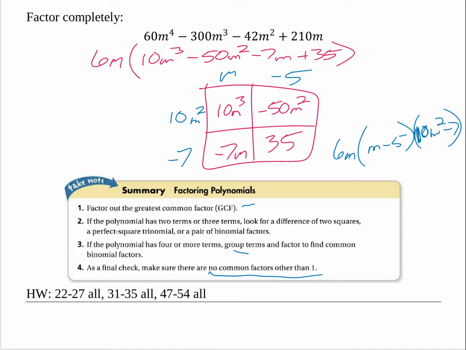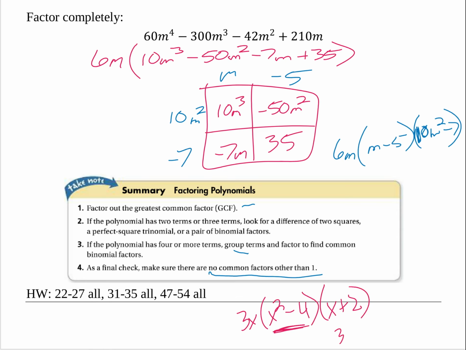On the homework, there's several problems where after you factor the problem, maybe you have something like 3x times x squared minus 4 times x plus 2. You think that's the answer, but it's not, because this right here is a difference of squares, which means it needs to be factored one more time.